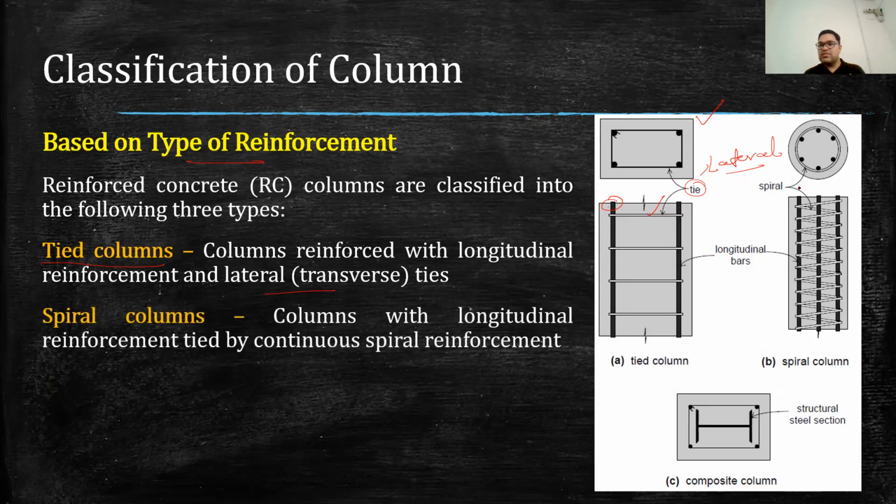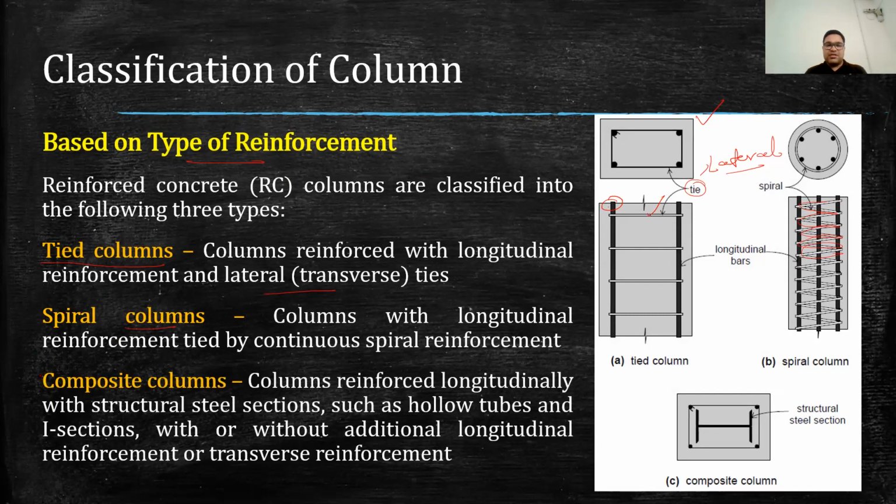In this case, you can see generally spiral reinforcement is provided in the case of circular columns, to hold the main bars running along the length of column. So in that case, it becomes a spiral column. Spiral columns are also known as helically reinforced columns.